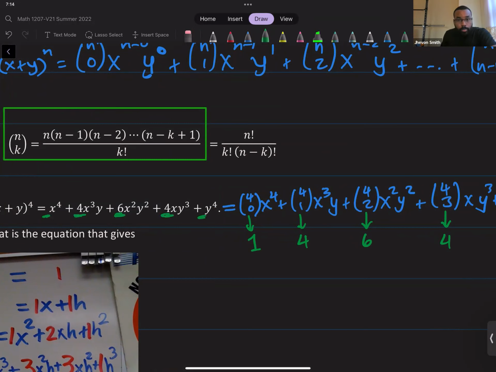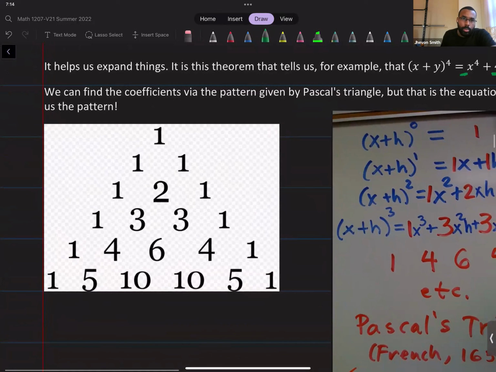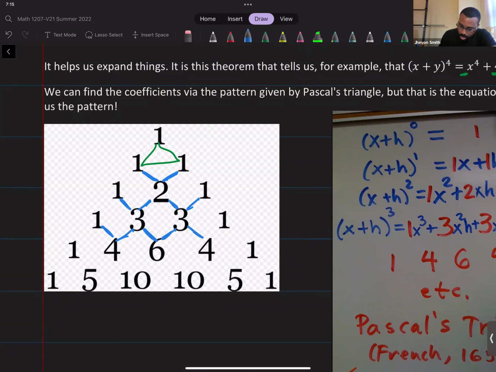Another way you might have seen these come from is Pascal's triangle, where you start with this triangle of 1s. And to get each new number, you add the two above. 1 plus 1 gives you 2. 1 plus 2 gives you 3. 1 plus 3 gives you 4. 3 plus 3 gives you 6. 3 plus 1 gives you 4. And you can continue with this pattern.